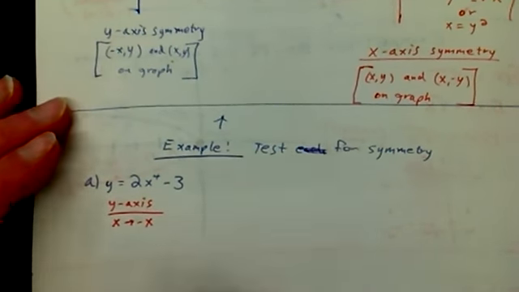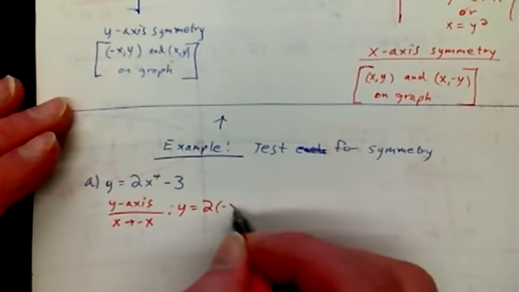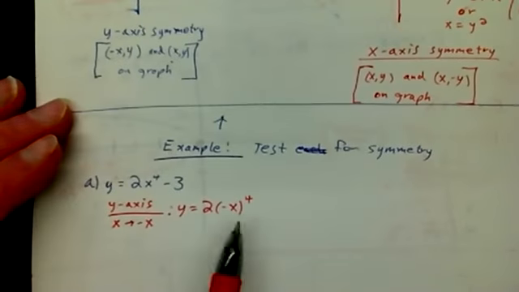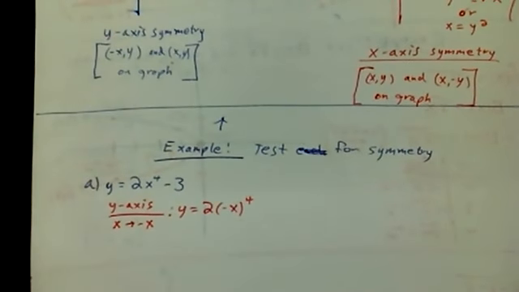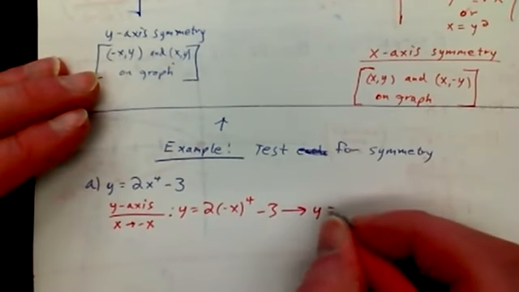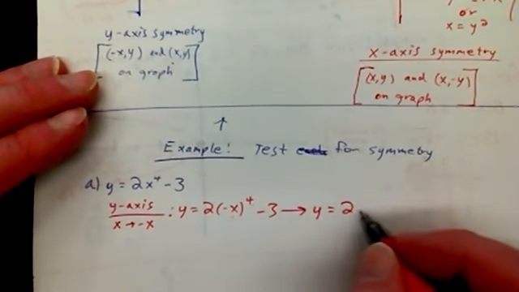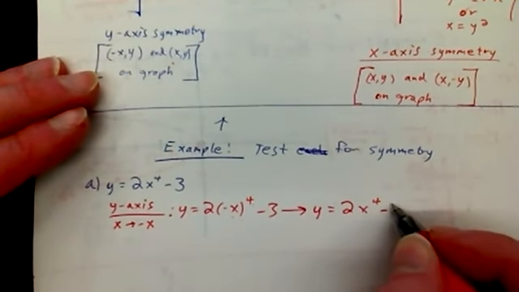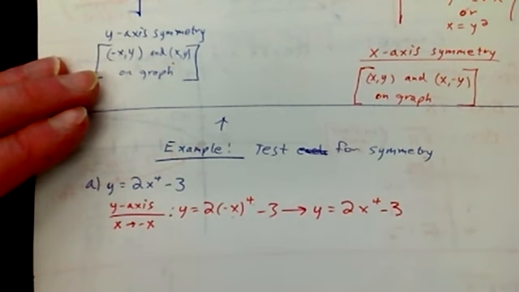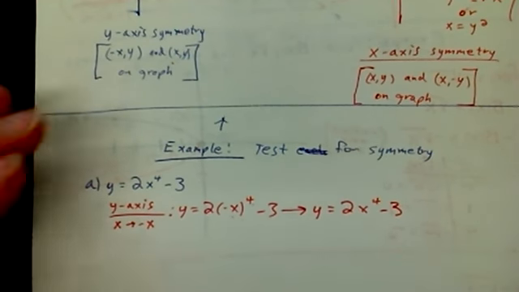Okay, so let's see what happens with that. So for the y-axis symmetry, I have y equals 2 times negative x to the fourth. That whole negative x has to go in parentheses, raised to the fourth, minus 3. And I know that this means y equals 2x to the fourth minus 3. A negative number to the fourth is the same as the same number to the fourth. Okay, and looking at that, I can tell that this is the same thing.